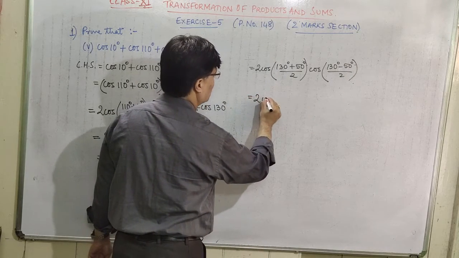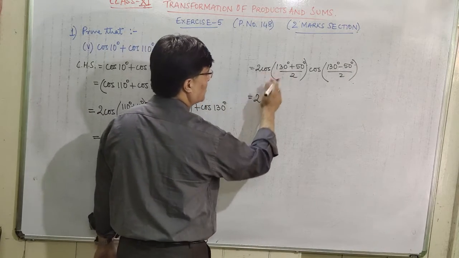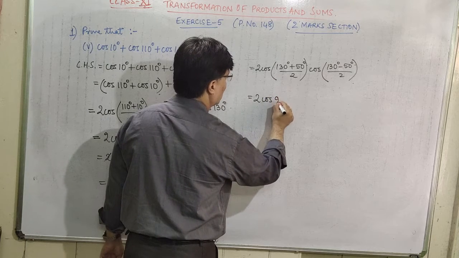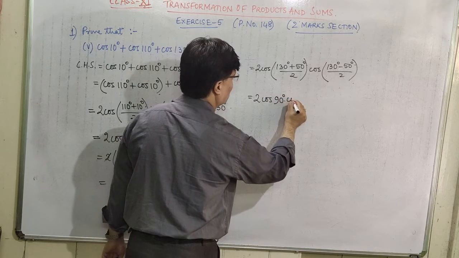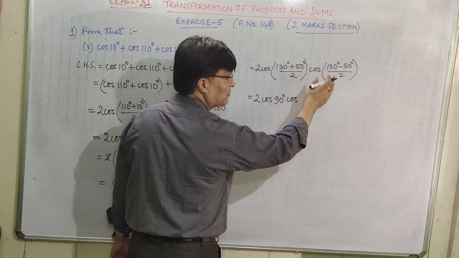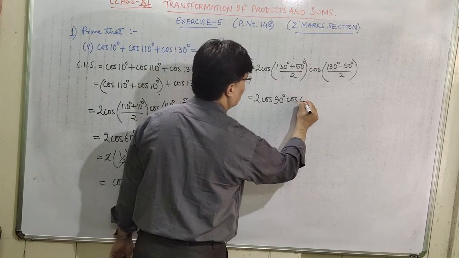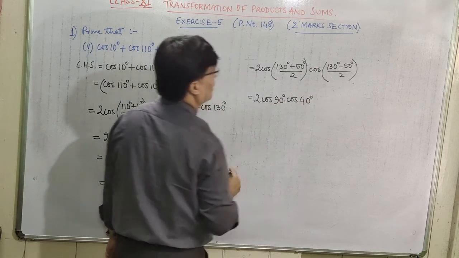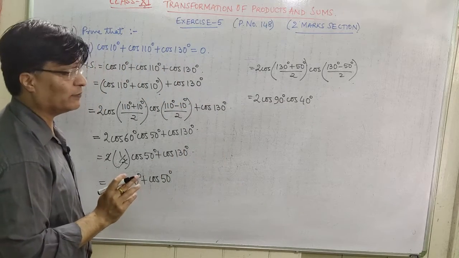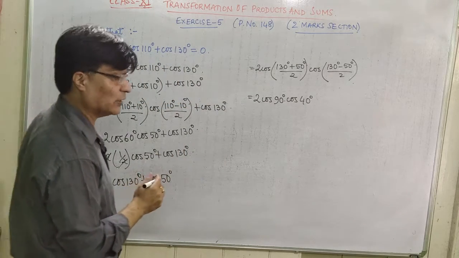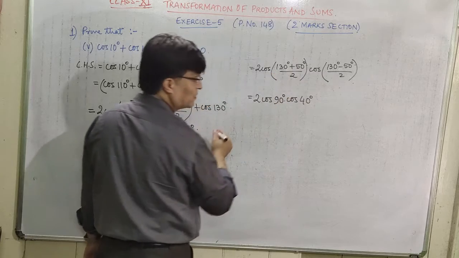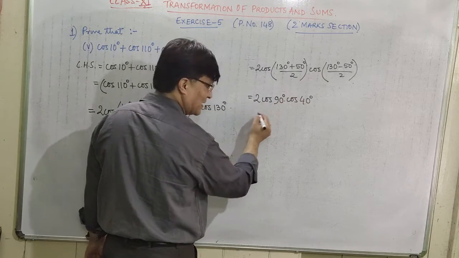Which is equal to 2 cos, what is 130 plus 50? 180 by 2 is 90 degree, into cos of 130 minus 50 is 80 by 2 is 40 degree, right? So it is 2 cos 90.